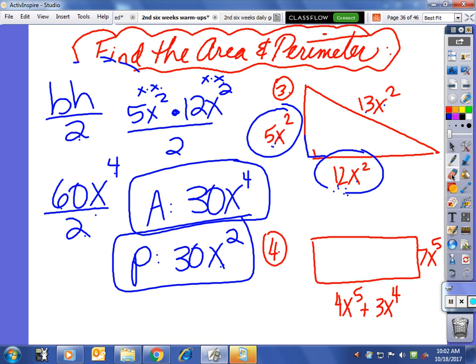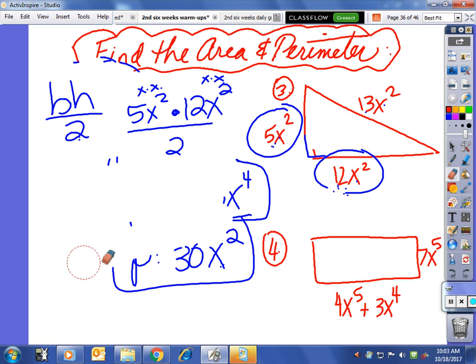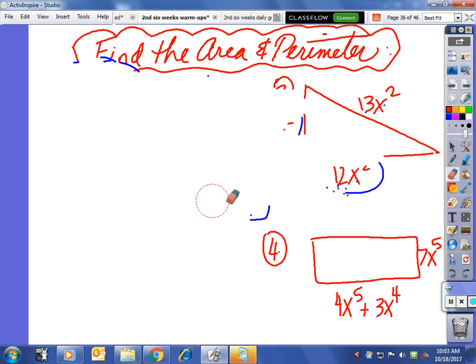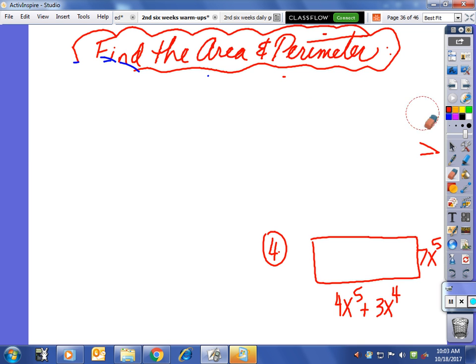All right, and then we're back to a rectangle. But this rectangle is a little bit different. This rectangle, to find the area, you need to use yesterday's lesson, because you are multiplying 7x to the 5th times all of that dimension. What property do you have to use here? The distributive property.